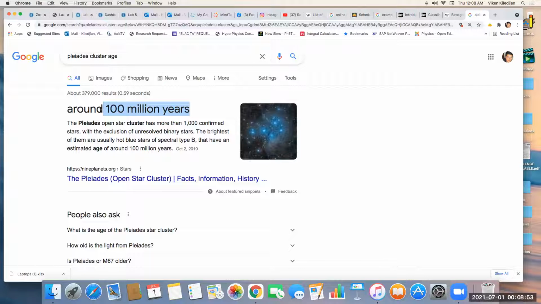So this must be a younger star cluster that still has a brighter star living and just beginning to die now. The Pleiades cluster is 100 million years old. Very, very young star cluster. Of course, compared to our lives, that's crazy old.